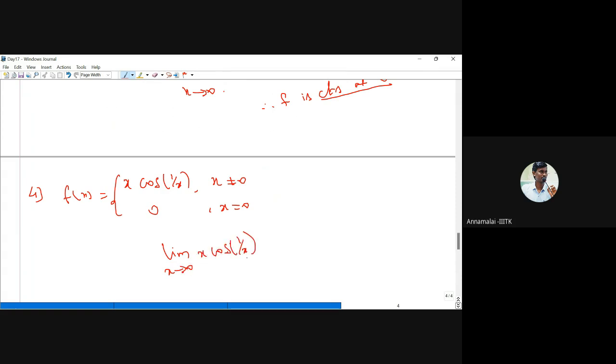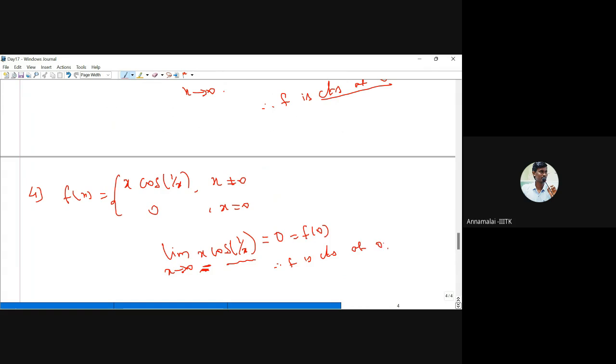The limit of cos 1 by x does not exist, but if you multiply it by a function which goes to 0, then by the theorem, since cos is bounded by 1 and x goes to 0, the limit is nothing but 0. Therefore, this is f of 0, so f is continuous at the point x equal to 0.